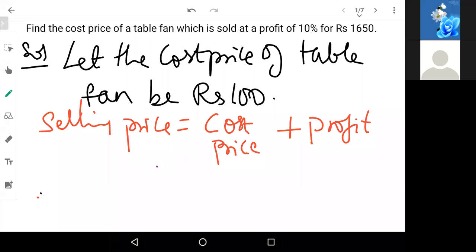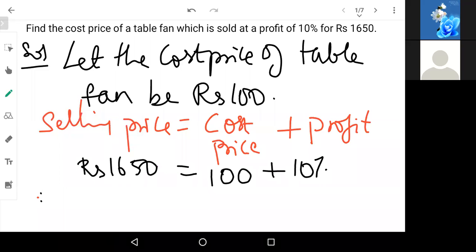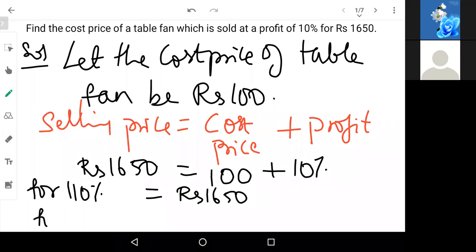So what is the selling price given to us here? Selling price is rupees 1650. Cost price we have assumed to be 100, plus profit is 10%. Correct? So which means for 110%, the selling price is 1650. So for 100% of cost price, what should be the amount?